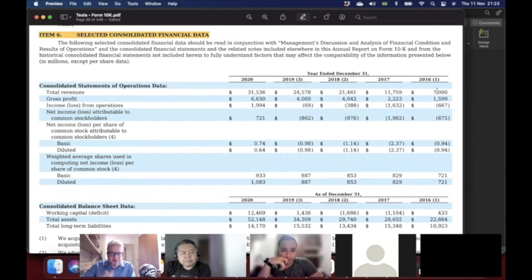So what is important here? Take a look at the numbers. The revenues are consistently growing. So in 2016, the revenue was $7 billion. Then we came here to $21 billion in 2018, 24 in 2019, 31 in 2020.